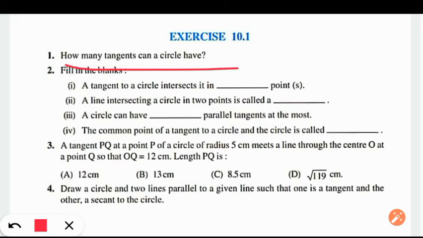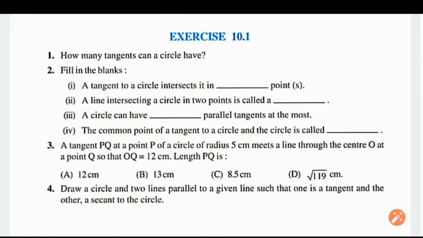If there is only one point on the circle, we can say one tangent is possible through that point. But generally, how many tangents can be drawn on a circle? You can draw an infinite number of tangents.